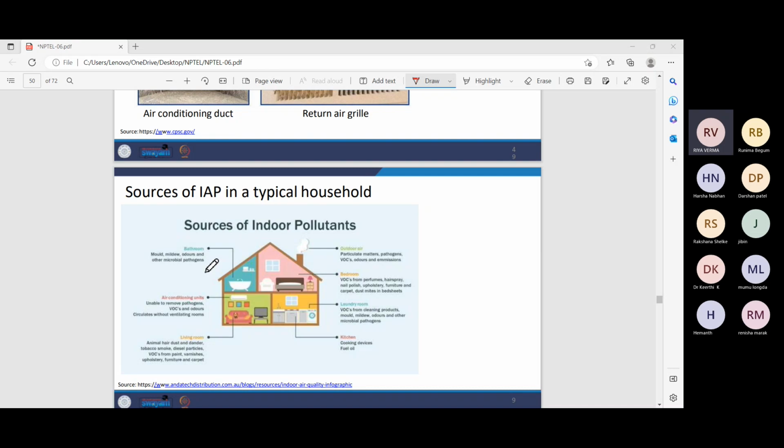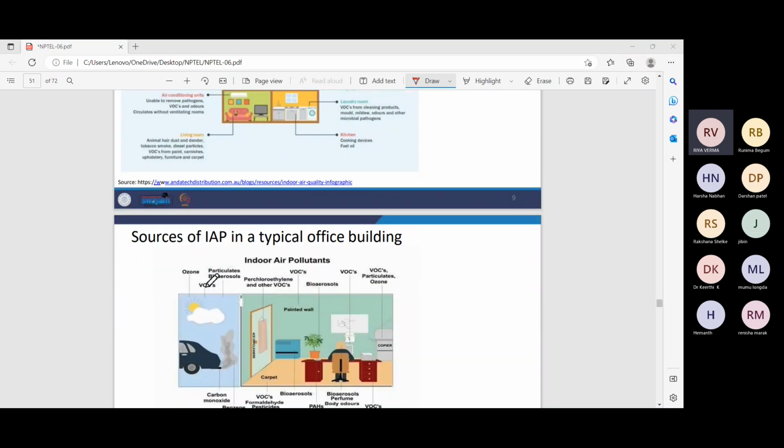Your laundry room can have VOCs from cleaning supplies. Mold, mildew, odors, and other microbial pathogens can also be there, because it will have some amount of moisture. And in your kitchen we'll have emissions during the cooking processes, and also from the type of fuel that we are using for cooking.